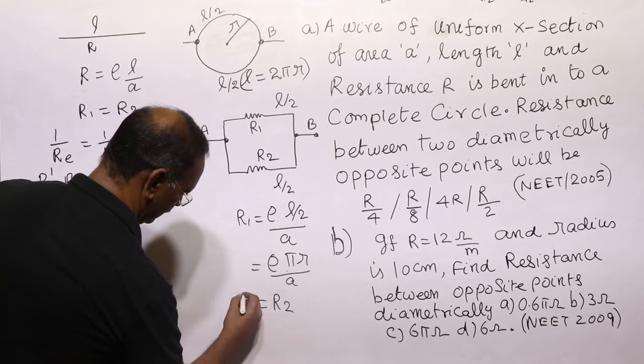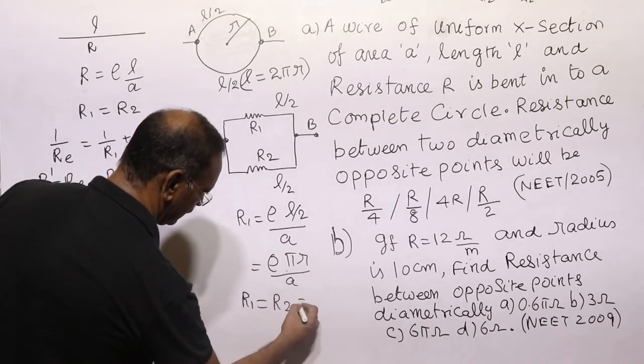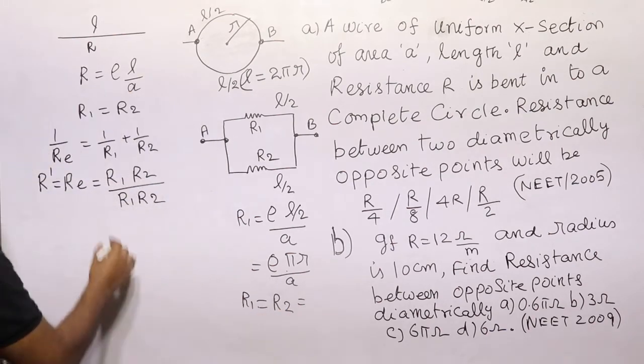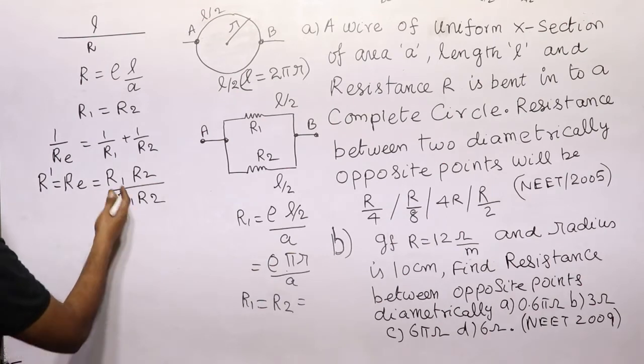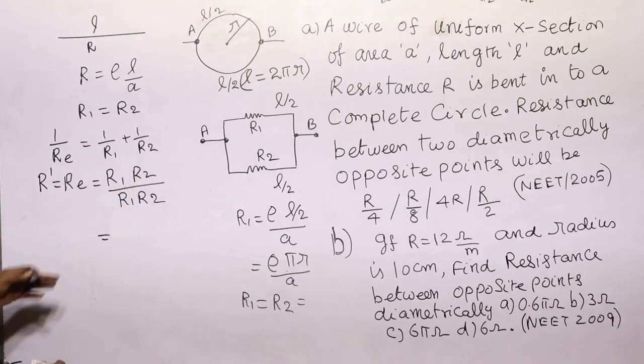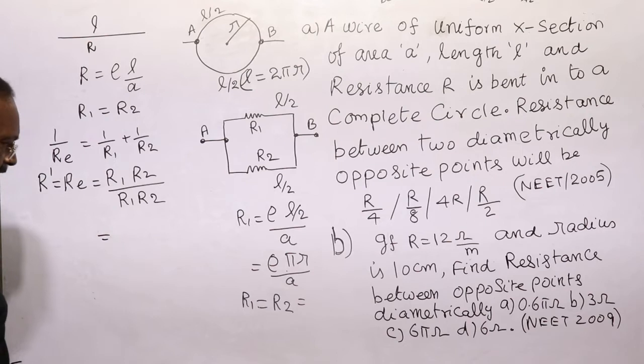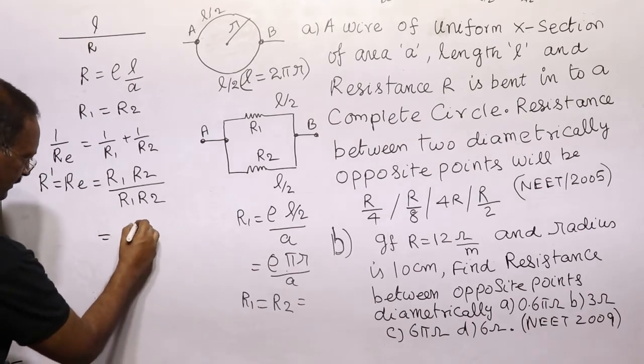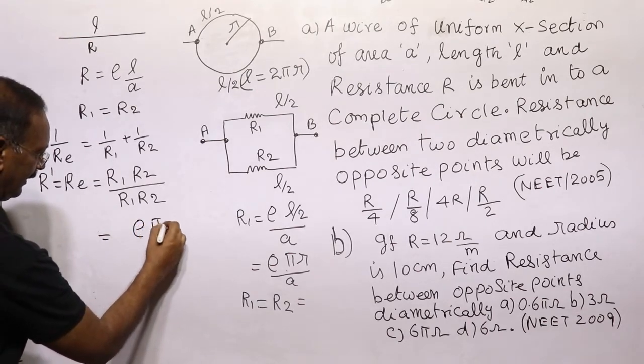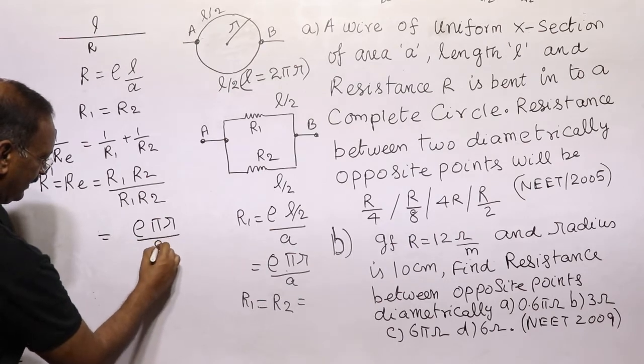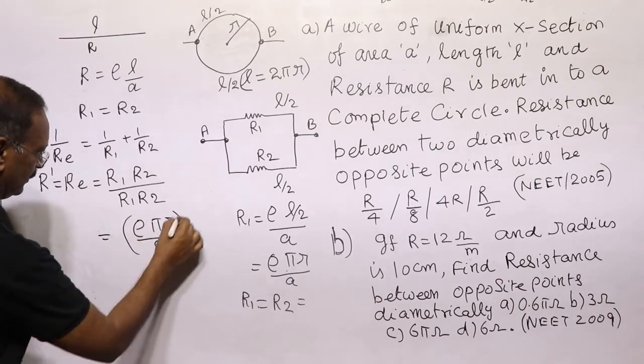Since R1 is equal to R2, R1 into R2 is R1 square, which is rho pi r by A whole square.